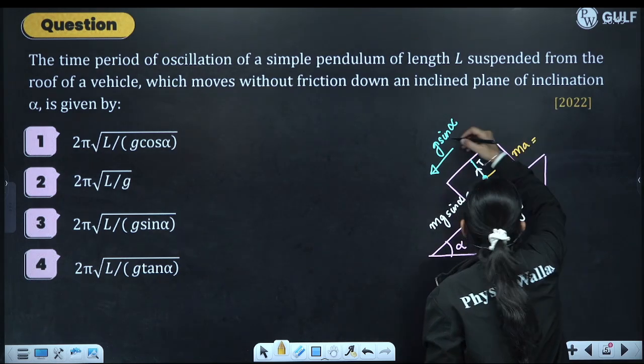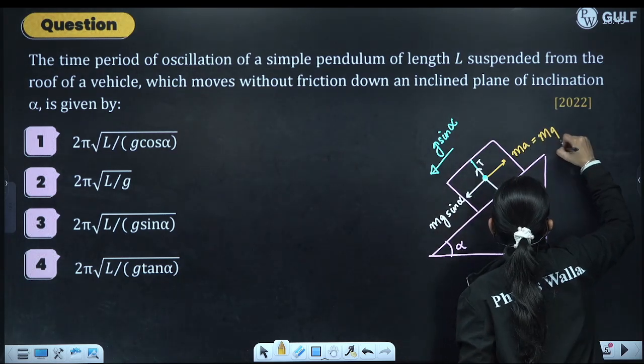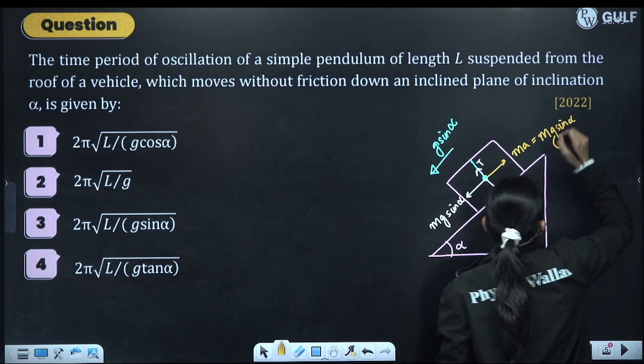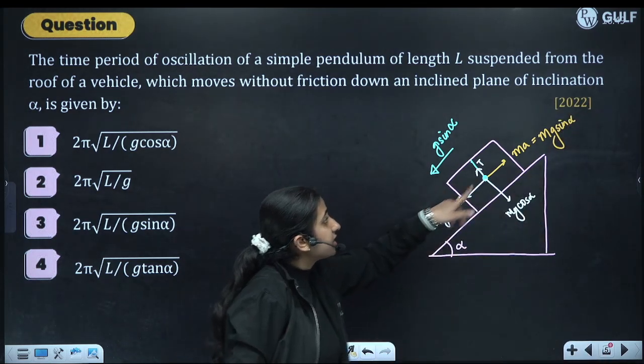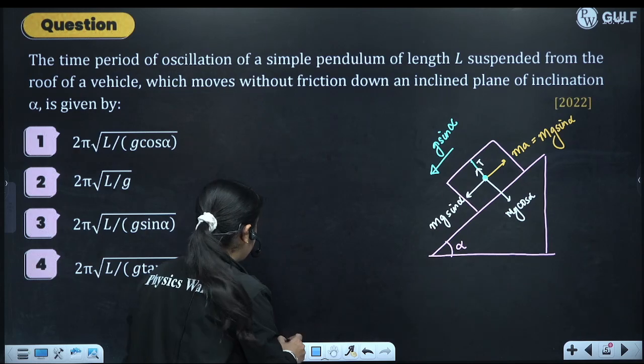So this a is g sin alpha, this pseudo force will be equal to m into g sin alpha. Now see, mg sin alpha gets cancelled.